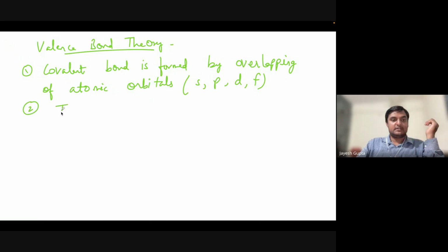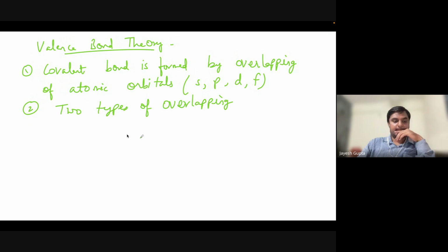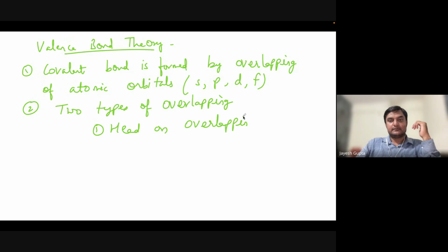The second point is there are two types of overlapping. The first one is head-on overlapping, that is sigma bond.